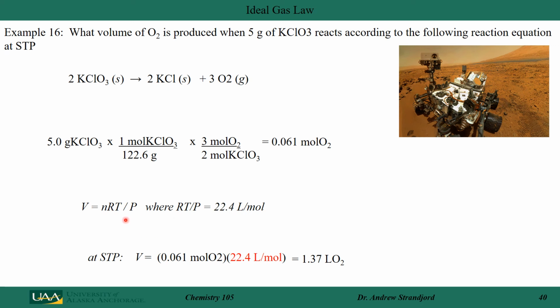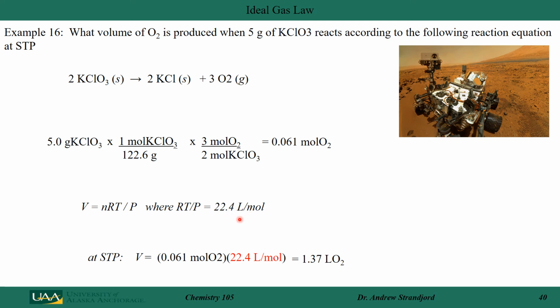And then we're working at standard temperatures and pressures, so in this case, I'm just going to combine all of my other standard temperatures into another constant, and I literally can say that the ideal gas constant times temperature divided by pressure is going to be 22.4 liters per mole.